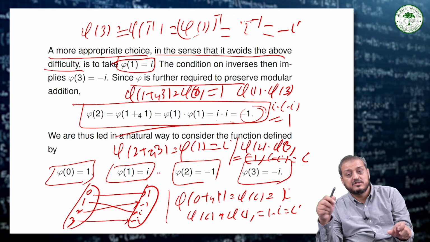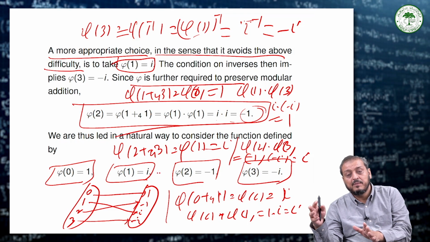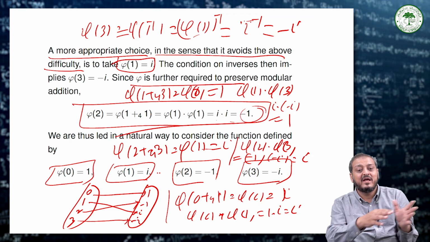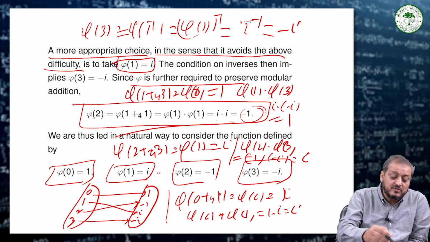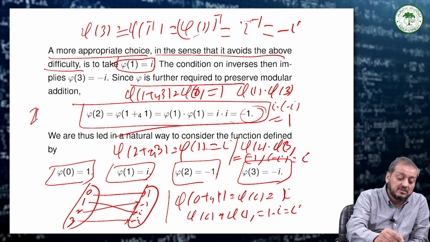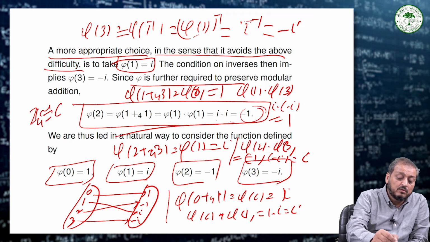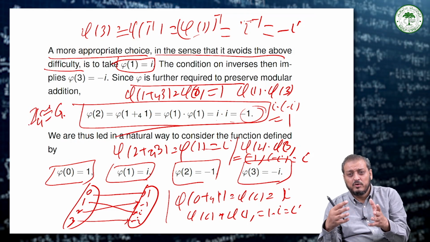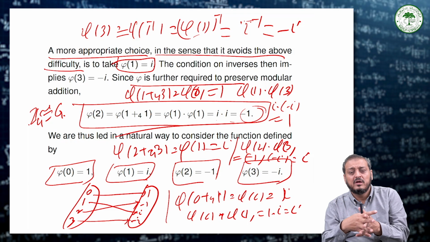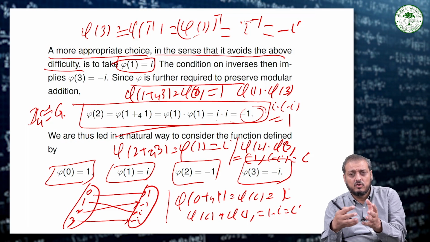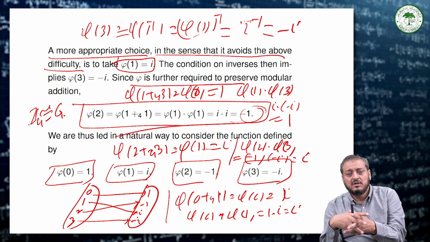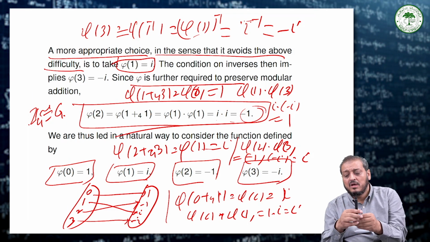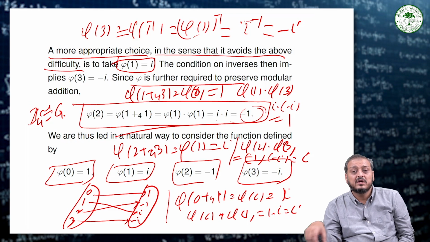This means if we replace 0 by 1, 1 by i, 2 by minus 1, and 3 by minus i, then these two groups are the same, but they are different in notation. So this means we can simply say that this Z4 is isomorphic to this group, the fourth roots of unity, a complex multiplication group under complex numbers. So we discuss this by the definition.